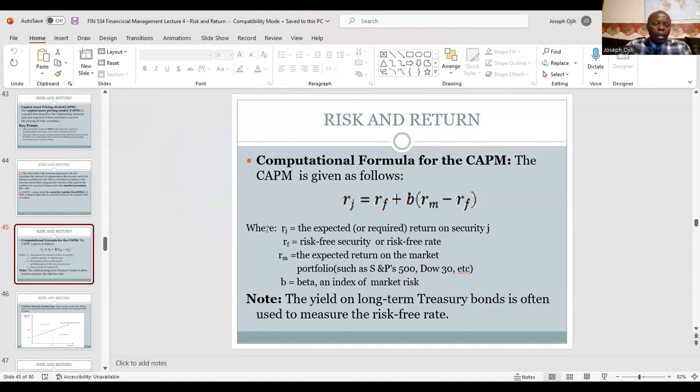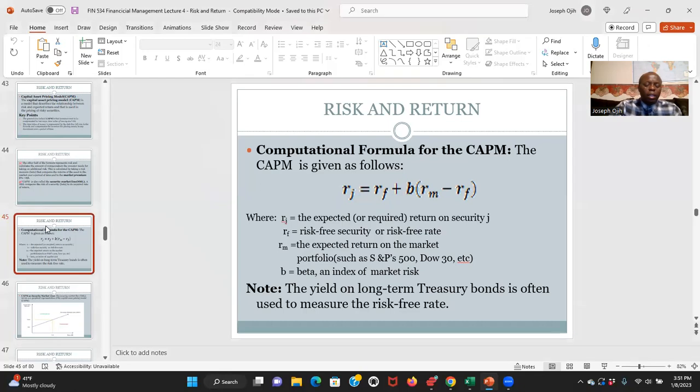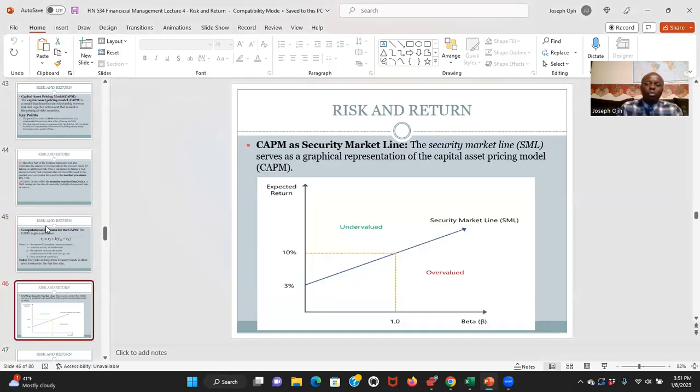Okay. I want to say more things about the security market line before we proceed. Like I said, you can call it the capital asset pricing model or the security market line. Let me give you the reason why it is sometimes called the security market line.